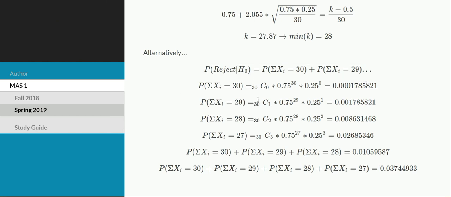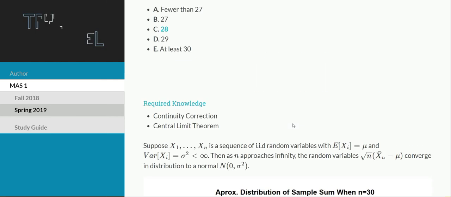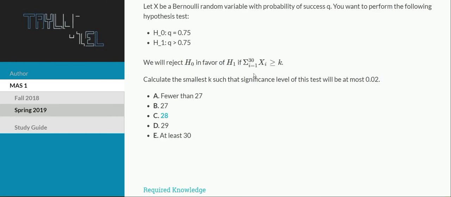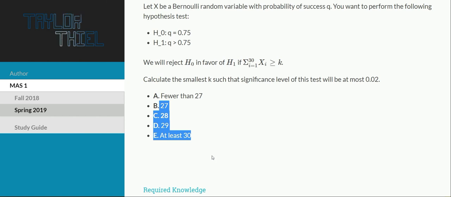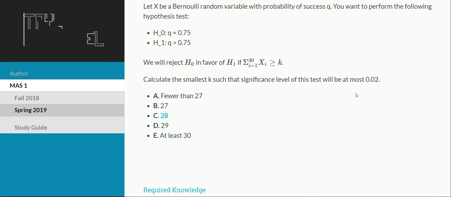So the reason why you might do this, just speaking strategically here, is because when you look at this problem, you see that you're only going to have to go down to 27. Worst case scenario, if the answer is A, you're only going to have to calculate maybe a fifth probability. But that's relatively simple, even by hand.